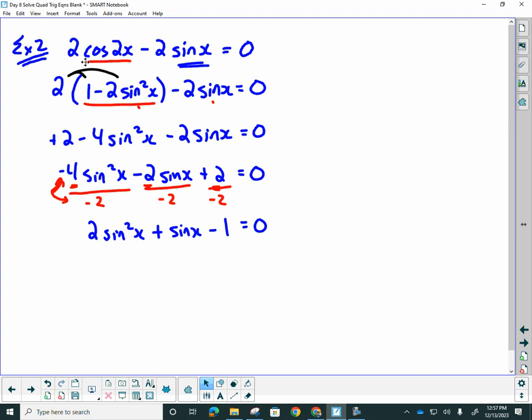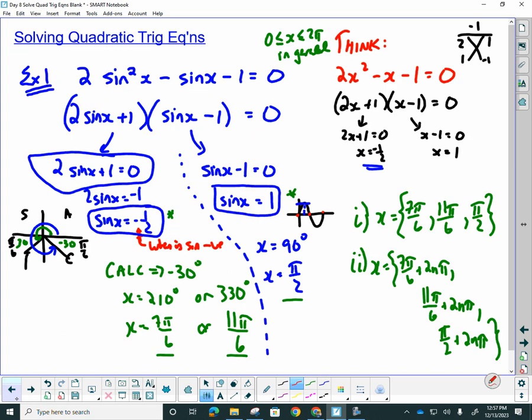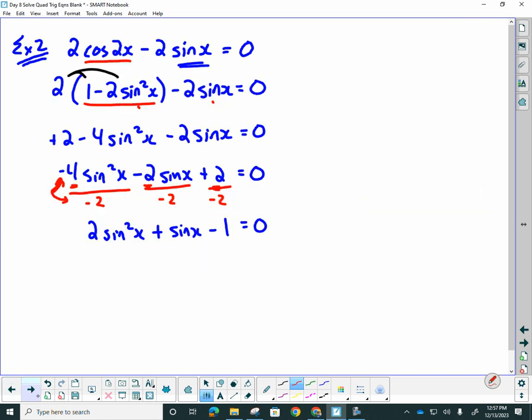And now it looks like the quadratic trig equations that I'd done before. In fact, it almost looks exactly like example 1. But if you look closely, you'll see example 1 was 2 sin squared x minus sin x minus 1. This is 2 sin squared x plus sin x minus 1. But I'm still going to do the thinking.